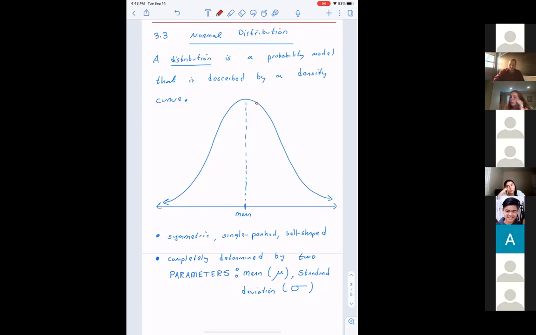I'll give you some options: A, B, C, D, E, F, G, H, I, or J. Which letter would you say is most likely the exact spot where it changes from being more hilly to being more bowl-y? And those are words that I just invented, at least bowl-y.